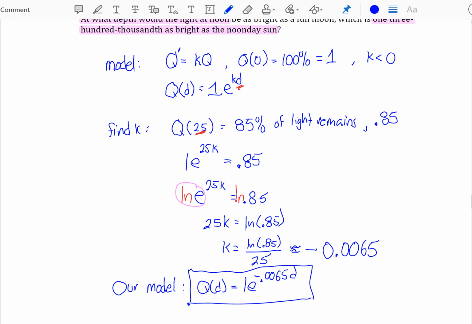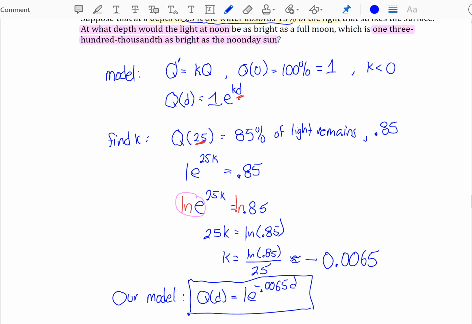Now let's go back to our question. We were asked, at what depth? So our answer is going to be an answer for D. At what depth would the light at noon, which we said was 100%, be as bright as the full moon, which is 1/300,000th as bright?